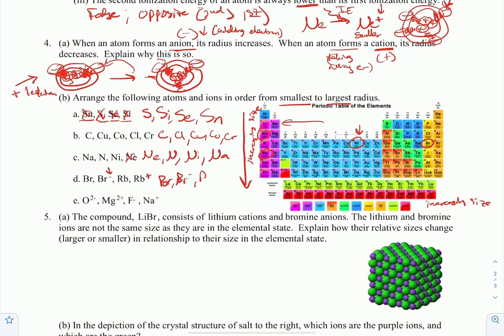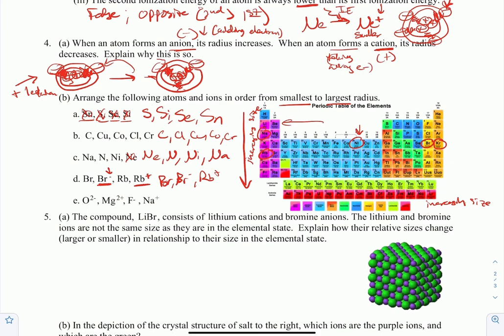So then we'll put rubidium tentatively, but then we have rubidium plus, okay? Now, if you notice, rubidium plus has an electron configuration that is exactly krypton, but so does Br minus, right? Br minus also does. So what we have to consider then is that given that they have the same number of electrons and the same number of shells and everything, why would one be bigger than the other?